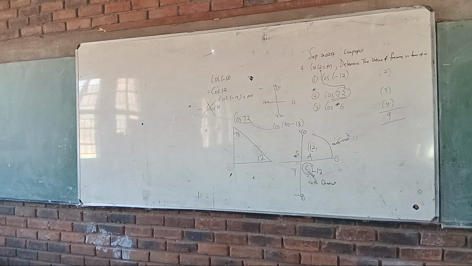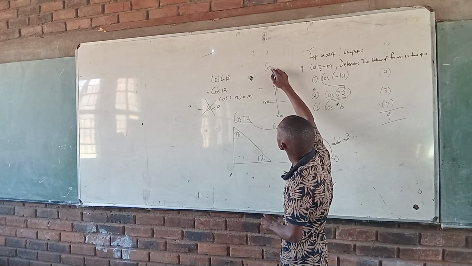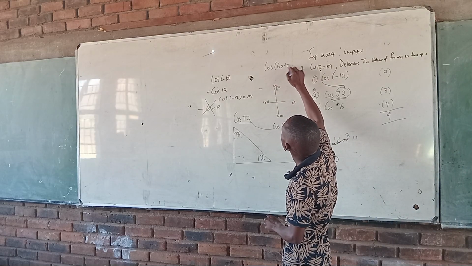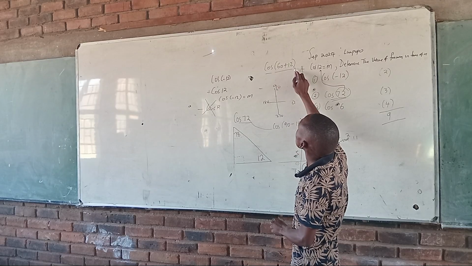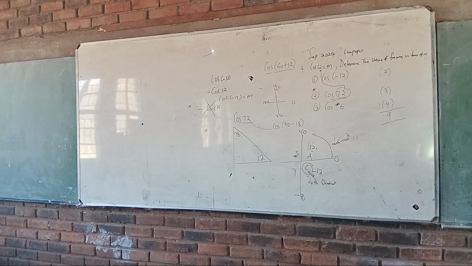Cos 60 plus 12. Or you are involving the special angle. Okay, cos 60 plus 12. Not bad. After all, 60 plus 12 is 72.